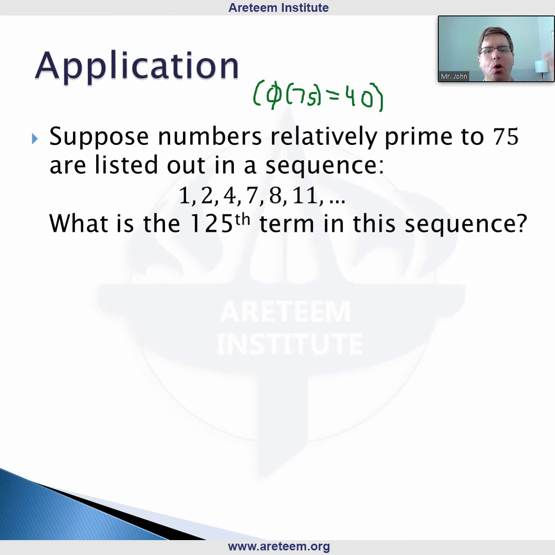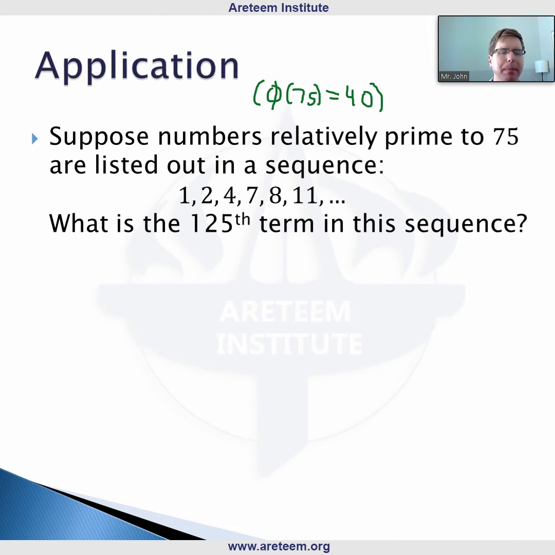We're listing out all of the relatively prime numbers: 1, 2, right? 3 is not. 4 is. 5 is not. 6 is not. 7, 8, 11. We're listing out all of these relatively prime numbers, and we want to find the 125th term in this sequence.